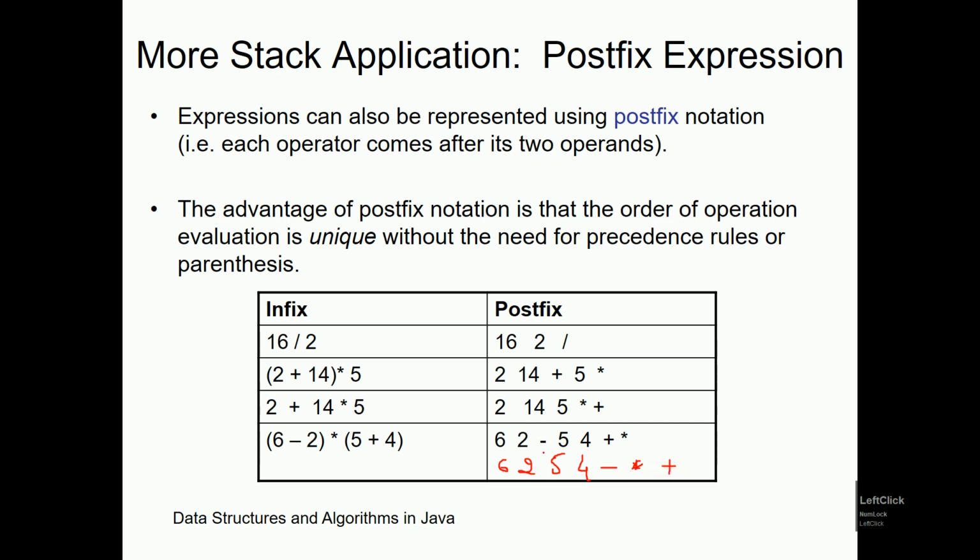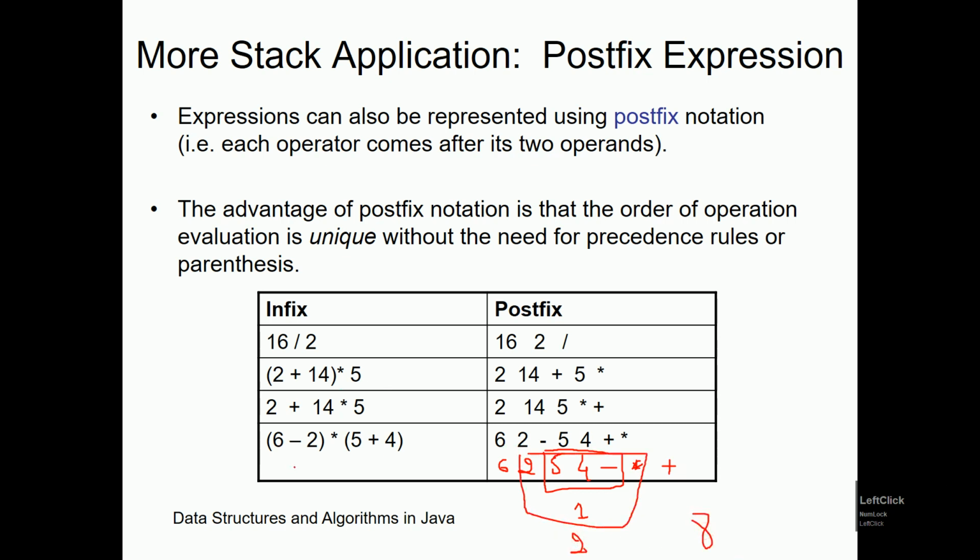Now what is going to happen is that I have this: 5 minus 4, which is not here, so it's not going to be exactly the same. It's going to be something different though. So I have 5 minus 4, that gives me 1. And then this 2 multiplied by 1, that's 2. And then 6 plus 2, that's 8.